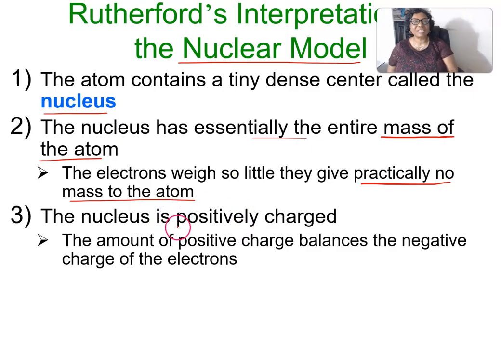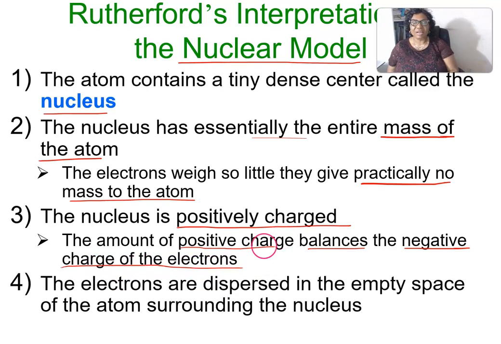And the nucleus is positively charged. The amount of positive charge balances the negative charge of the electrons. And the electrons are dispersed in the empty space of the atom surrounding the nucleus.